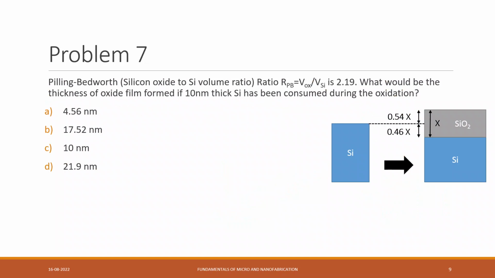So this is also a simple numerical. The Pilling-Bedworth ratio is given, which is the ratio of the molar volume of oxidized silicon oxide to the molar volume of native silicon, and it is 2.19. You have to find what would be the thickness of oxide formed if 10 nanometer thick silicon has been consumed during oxidation.